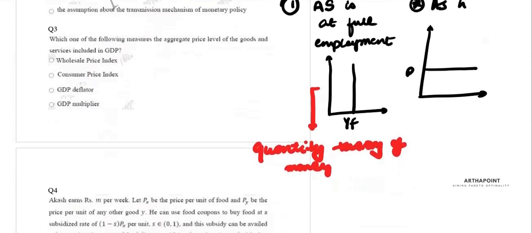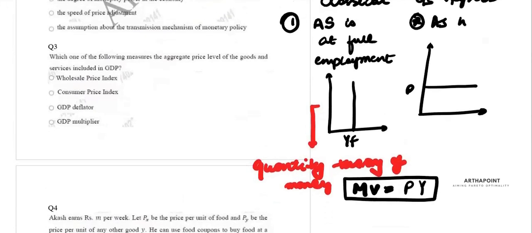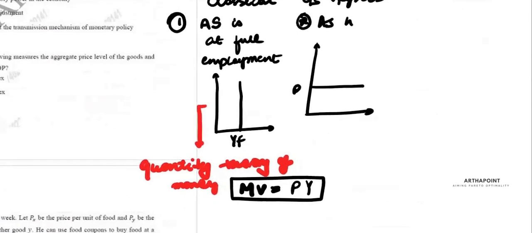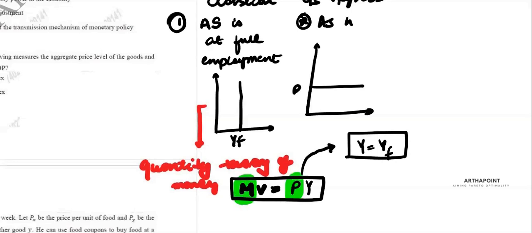We said that MV is equal to PY. And we also talked about the fact that because we're talking about a classical economist, output is fixed at the full employment level of output. And if your output is fixed at the full employment level, the only thing that is going to change is prices. This is the quantity theory of money, that in the long run, whenever we talk about our classical economist, output is always at its full employment level.